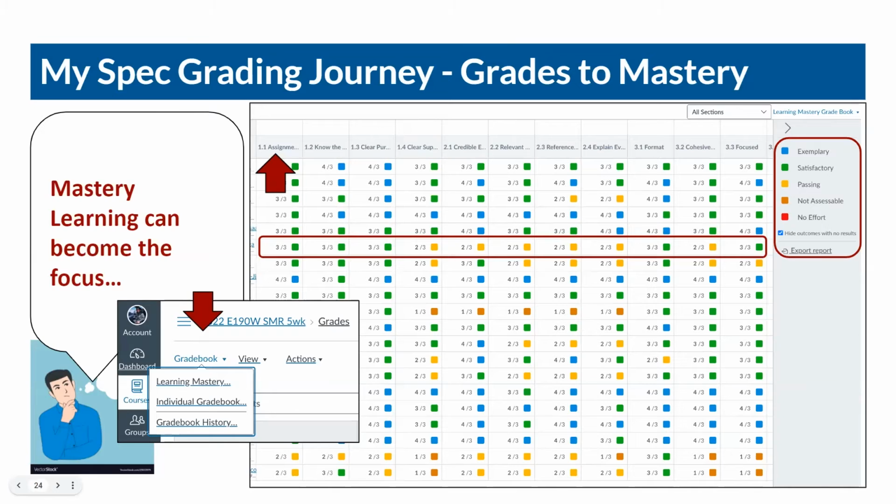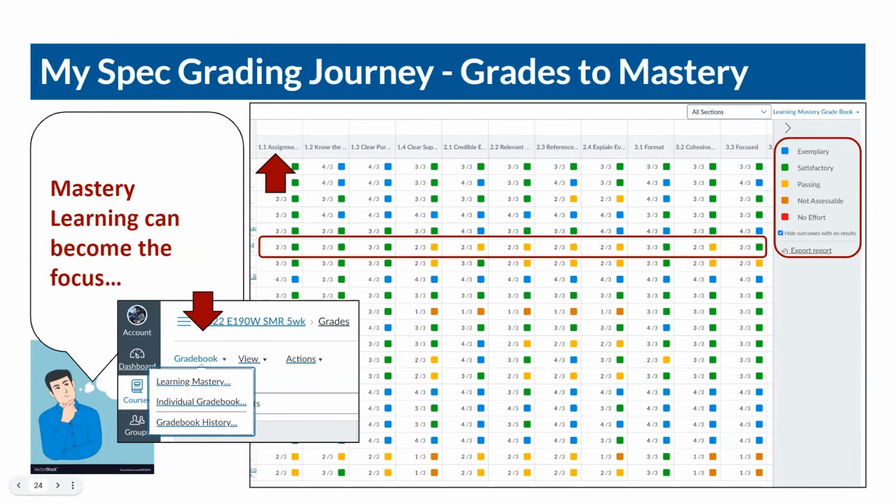If I score them already, I can see at a glance what are the weak spots, right? I have all the color boxes checked: exemplary, satisfactory, passing, not accessible, no effort. I can see a little bit what's going on.